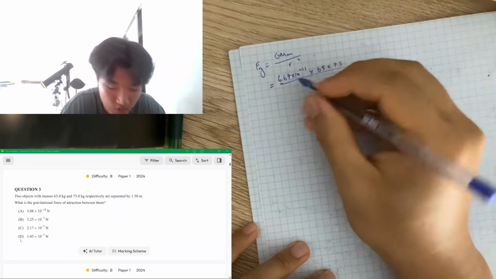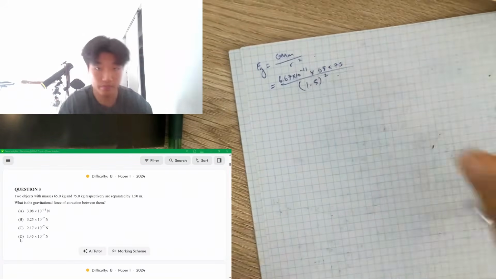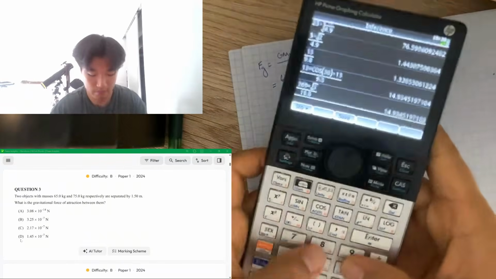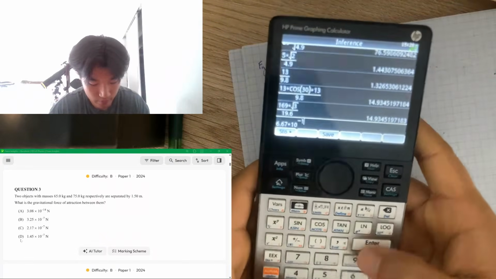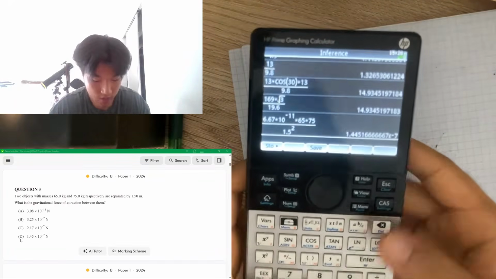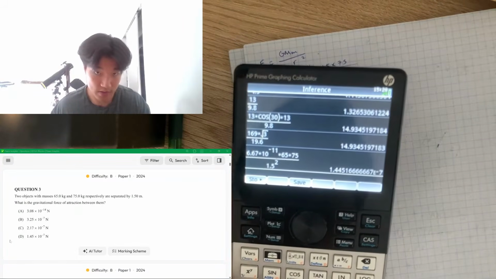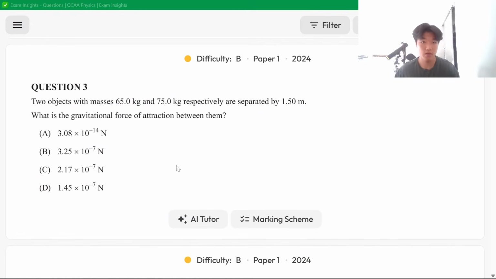No unit conversions necessary. And then 1.5 meters squared. We just put that in a calculator. Okay, we get an answer of 1.45 times 10 to the negative 7. So it's going to be D.